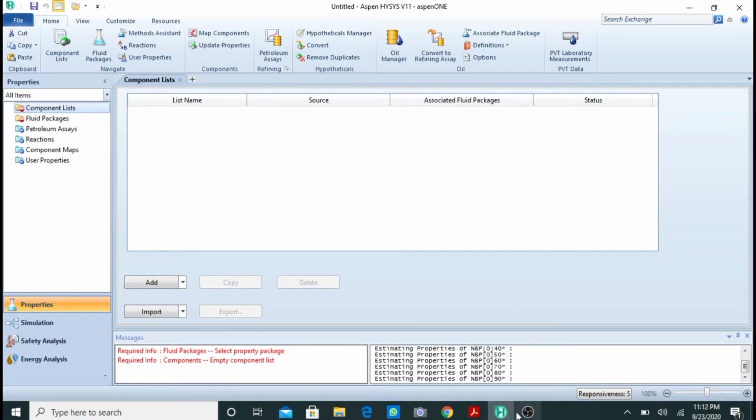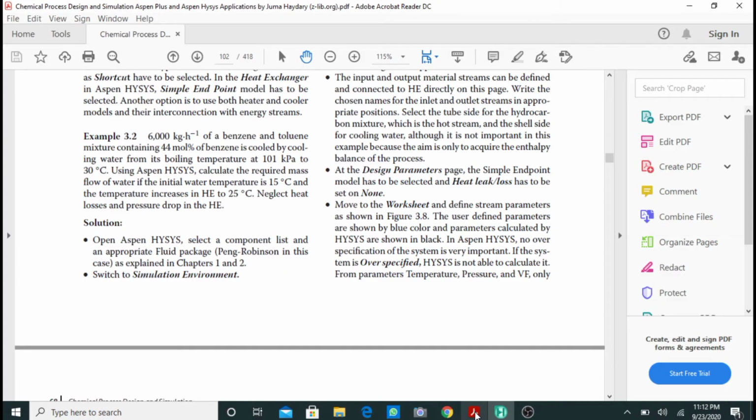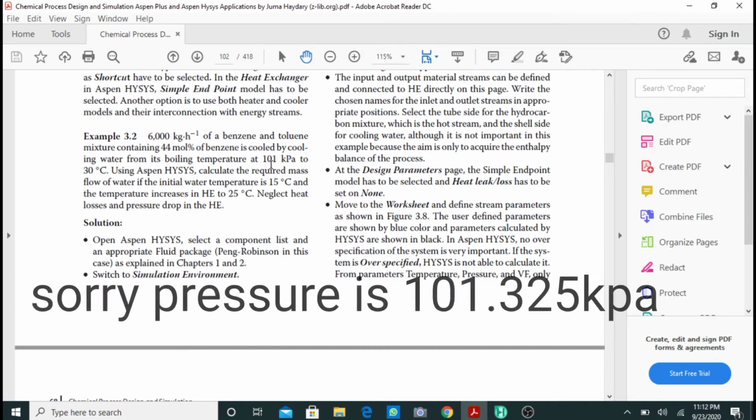So, I will directly go to my problem statement, and that states that 600 kg per hour of a benzene and toluene mixture containing 44% benzene is cooled by cooling water from its boiling point temperature at 101 to 30 degrees.